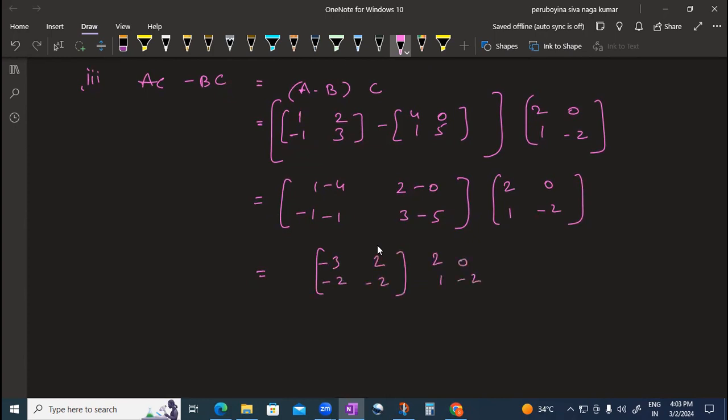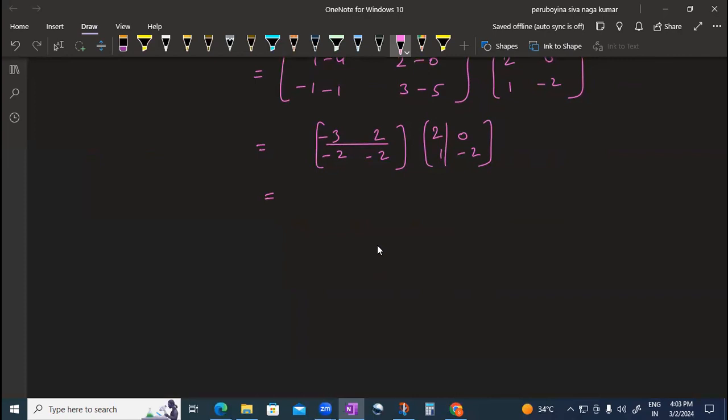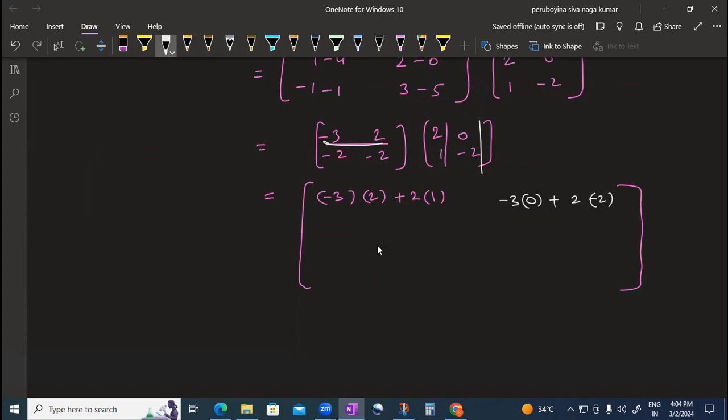-3, 2, -2, -2 times 2, 0, 1, -2. And row into column. Just do this. So this is multiplication. -3 into 2, always you have to write plus, and 2 into 1. Give some gap, and again do like this. This one into this one: -3 into 0 plus 2 into -2. Always you have to keep plus.